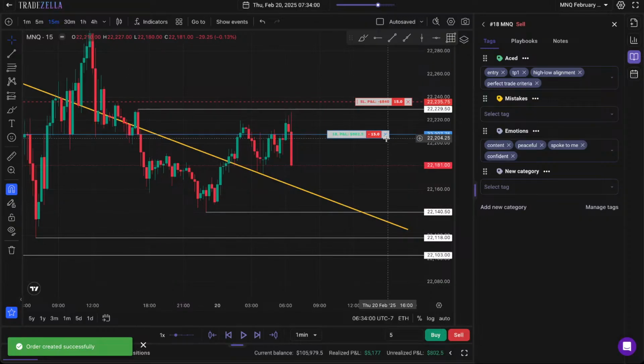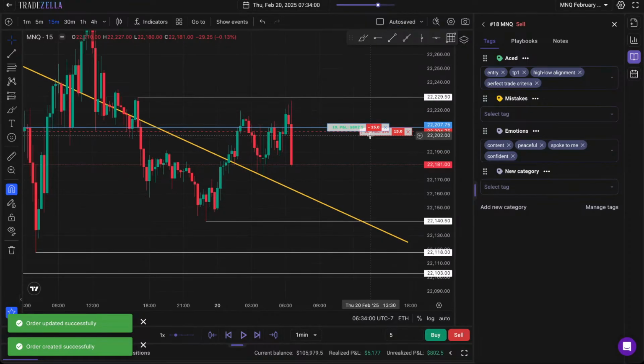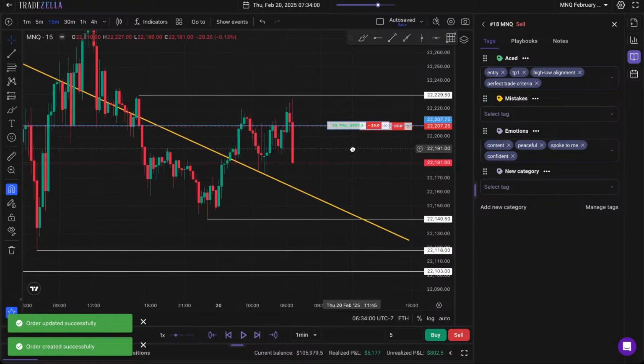And once we hit TP1, we cannot let these people get more than $100 back. I'm breaking even on this. I'm just not going $100 in profit, a big move like that. If they want to come back and get me, it's all theirs. We'll do a clean break even.